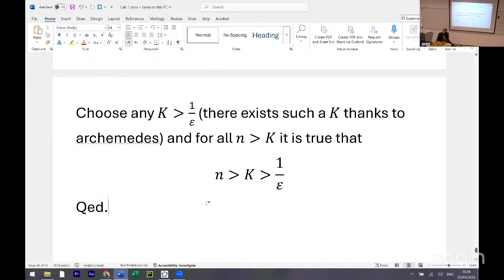So we found such an index that afterwards, all of the elements of the sequence are within the bounds, and that's exactly what we set out to do.